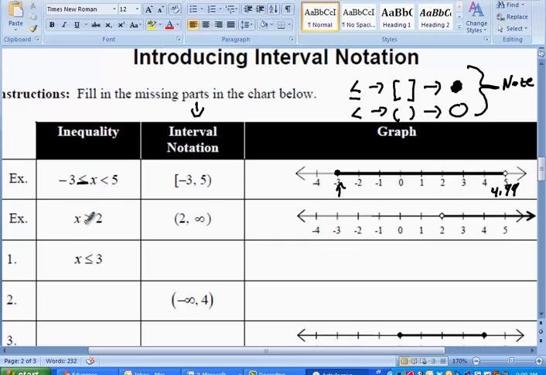Now, you'll notice that this is actually kind of flipped the way it's written, and whenever I do inequality notation, I always want to take the least value on this column, and then the greatest value on this column. So let me go ahead and cross this out and explain what I mean by that.